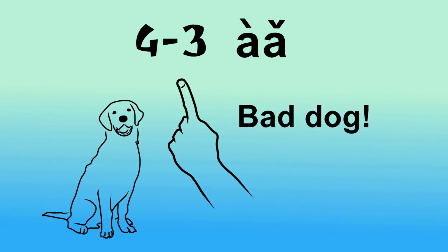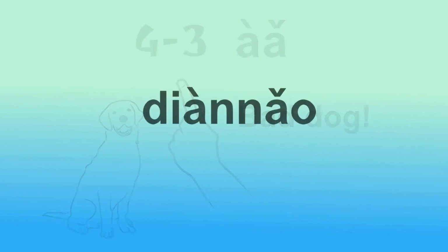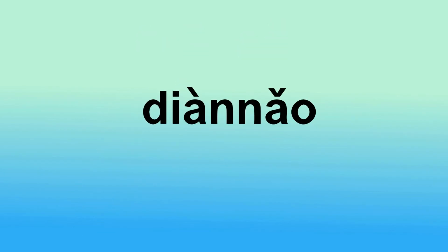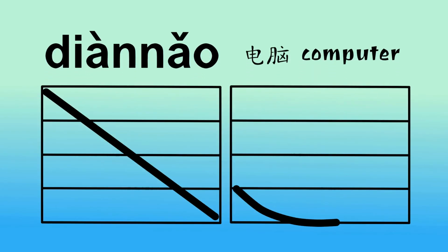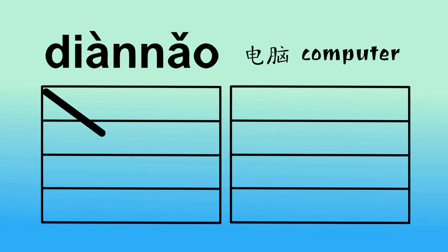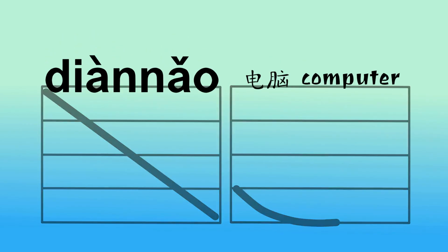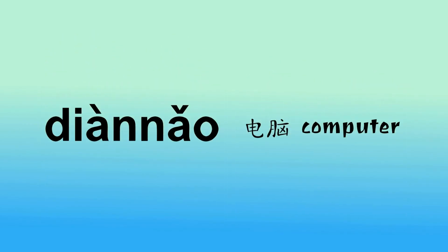The model word for this is 电脑, meaning computer. 电脑, 电脑, 电脑, 电脑. Try voicing it. 电脑, 电脑, 电脑.